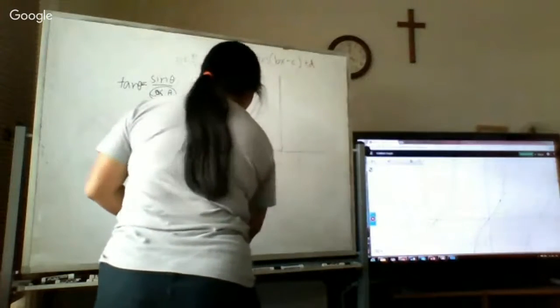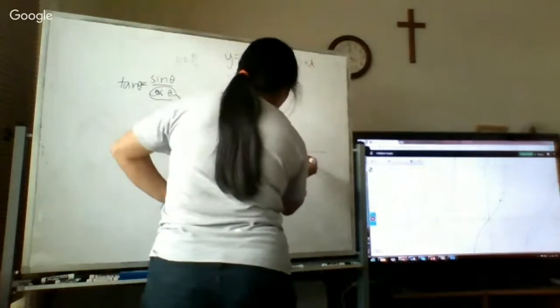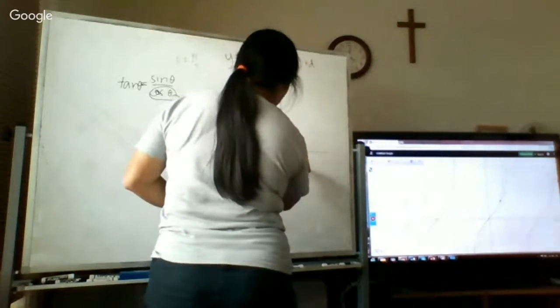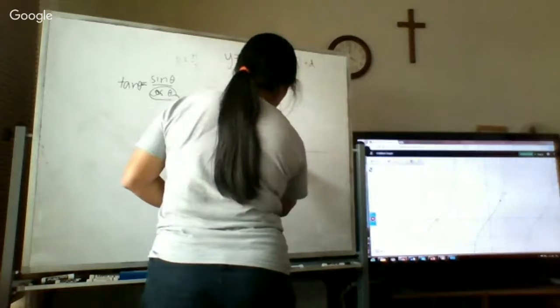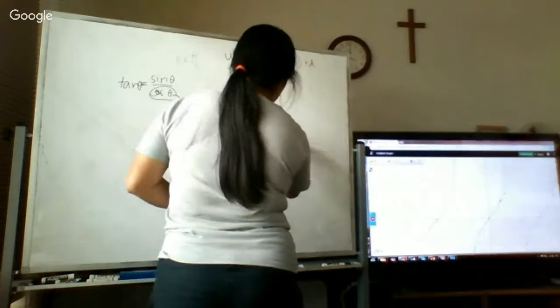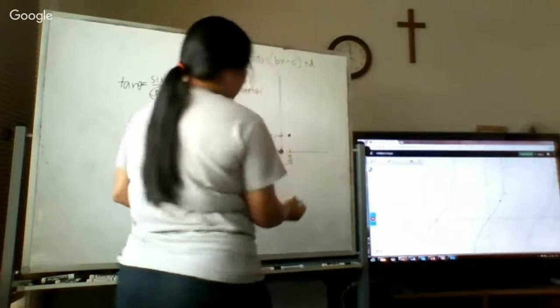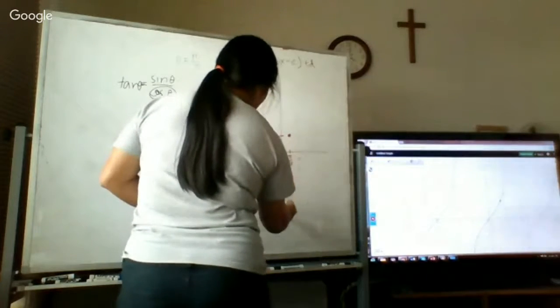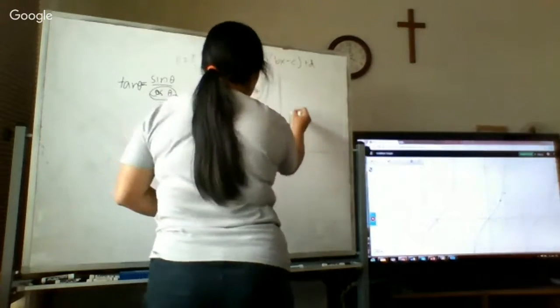A few notable points about this function is that halfway on either side of this origin point, this is pi over 4, and this is pi over 4. This right here is going to be 1 at pi over 4, and then on the other side it's -1. So if you were to draw the parent function, it would look like this.